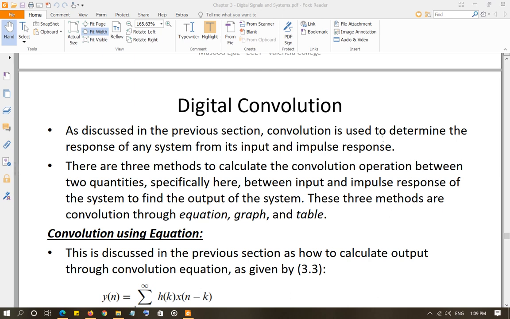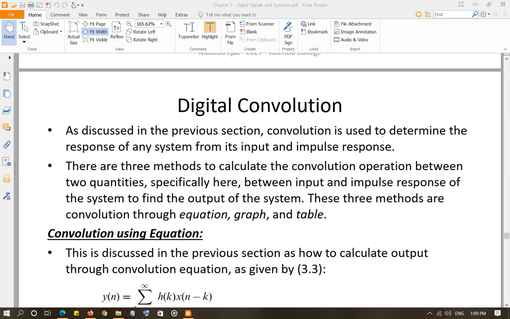And we did an example where it was shown that when you take the convolution between the input and the impulse response, your result was, of course, the same as calculating the output using the difference equation itself.